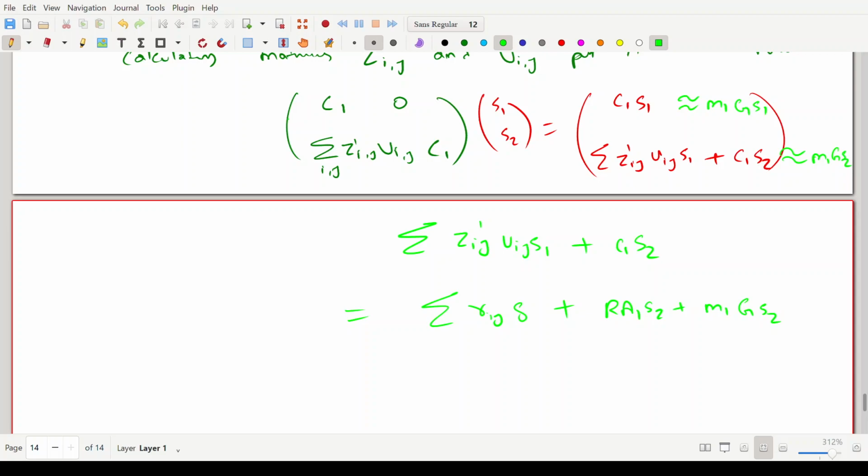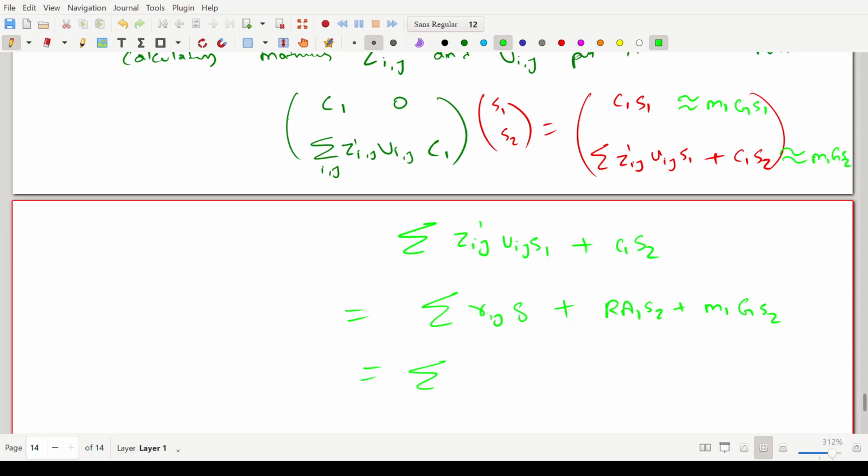I just want these two terms to vanish. What is our delta?